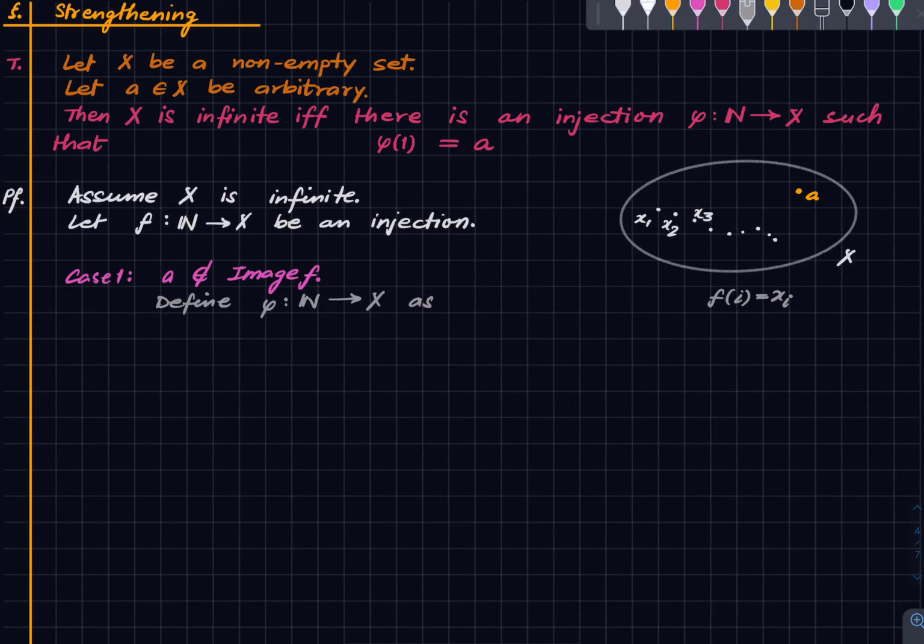I think a very simple modification will do. So phi of n is defined as A if n equals 1 and f of n if n is greater than 1. Okay, so that's how we define phi.